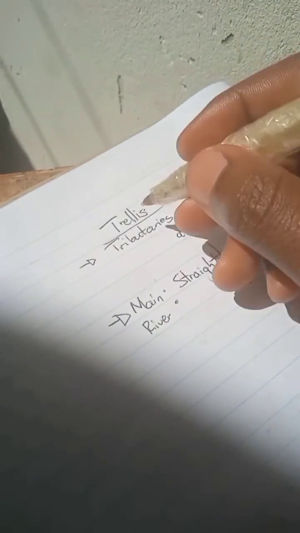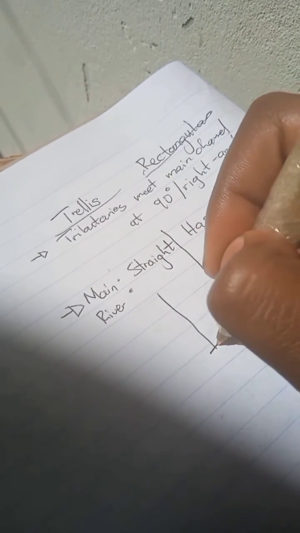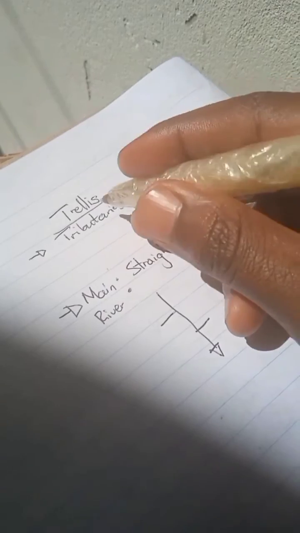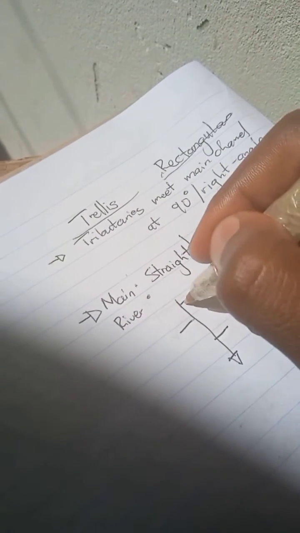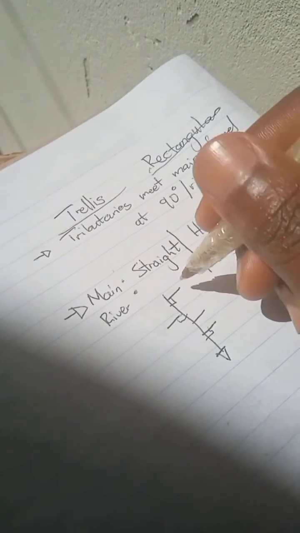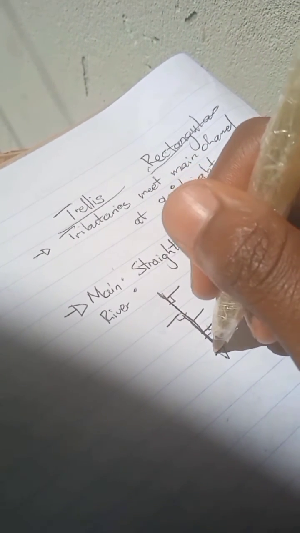So if I were to draw a trellis pattern, it would look like this. This is a main river, it is straight like that, and then you have tributaries again meeting at 90 degrees. There's your 90 degrees, right? Most importantly, the main channel is straight, guys.